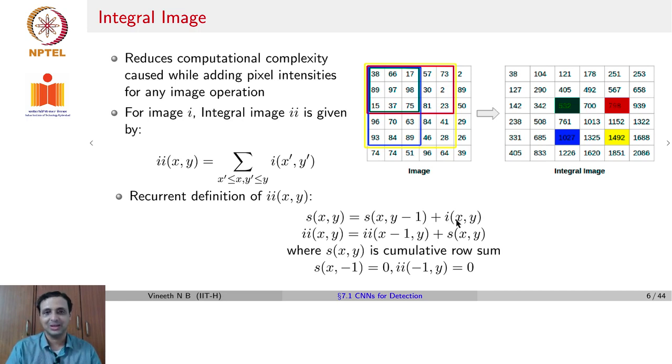You can work this out and see that this is correct. S of x,y is the cumulative row sum, and to make this recurrent definition work, you have to define S of x comma minus 1 is equal to 0, and the integral image at minus 1 comma y is equal to 0.